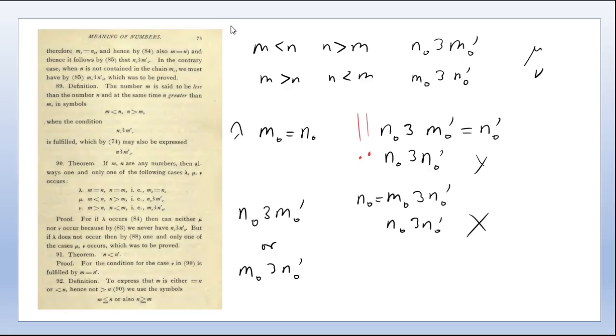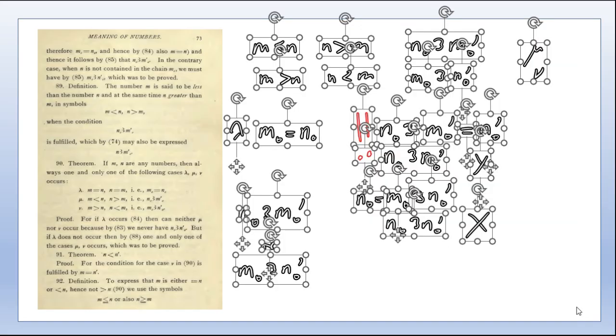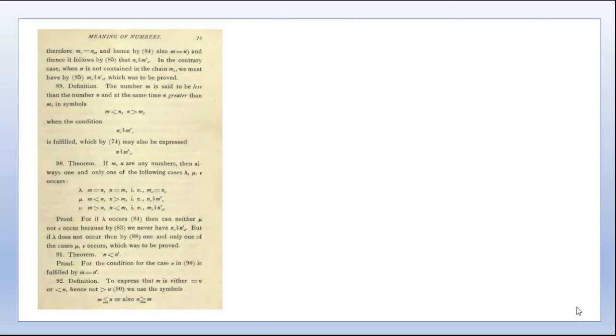Okay, so let me try my little trick again. Ah, that's much faster. Okay, so theorem 91. N is less than n primed. That's what we need to prove. For the case nu in 90 is fulfilled by m is equal to n prime.